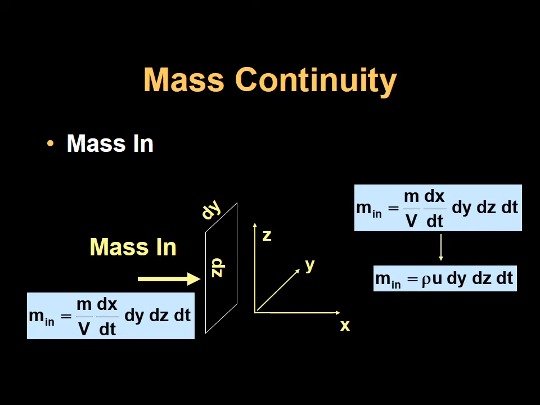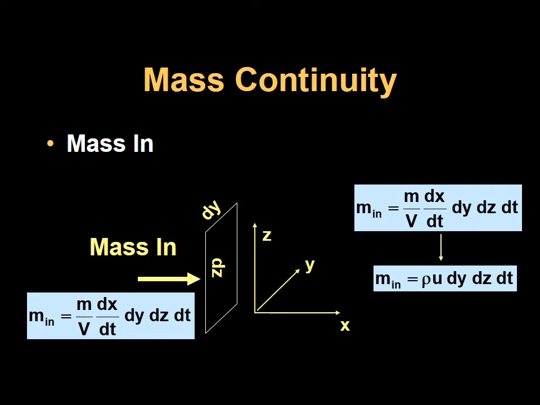So that's one side. Now the air is moving in the x direction, so it's changing its x position with time. That's dx/dt. So we've got dx/dt, and we've got dy and dz. Of course, the air has a certain amount of mass as it's moving along, but instead of mass per se, we're going to look at density.